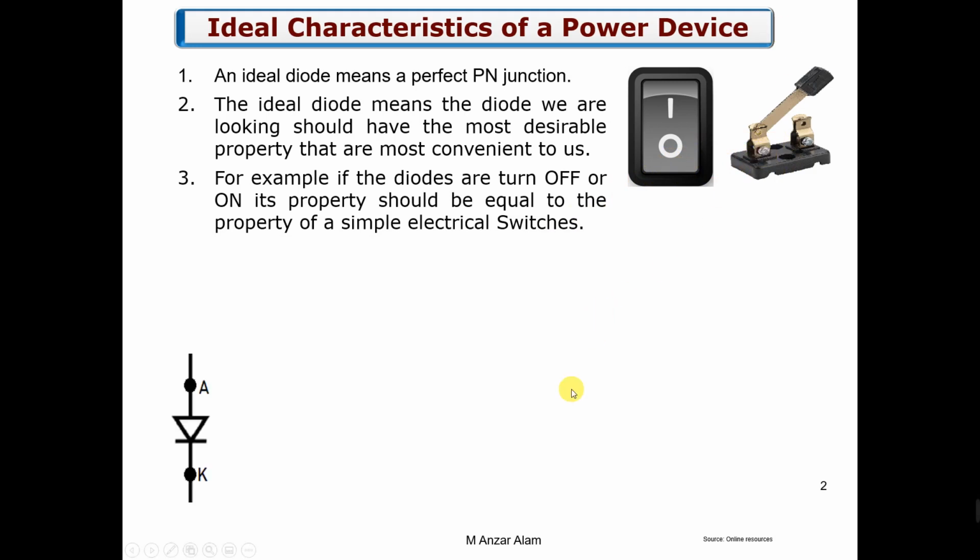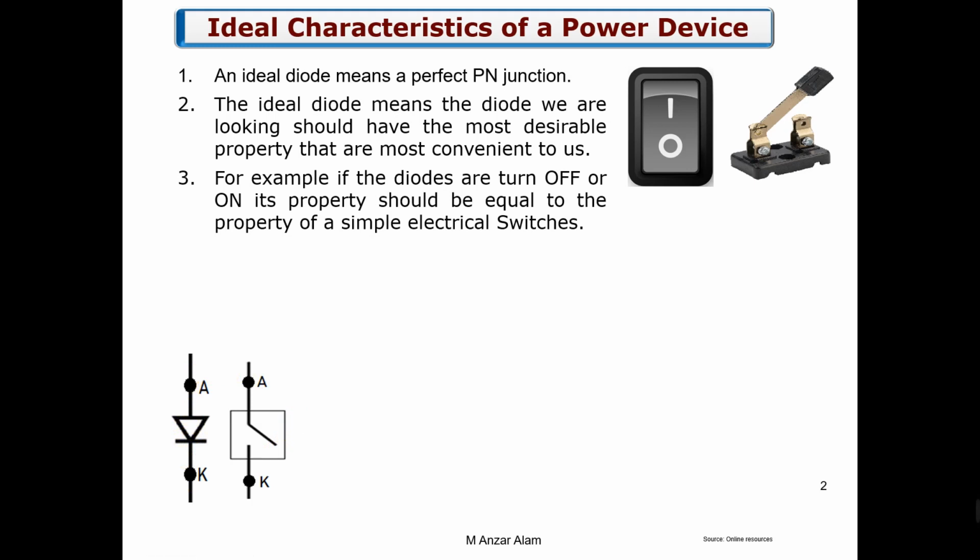Okay, so we have a diode here, the anode and cathode. In order to turn it on, we need to connect an external supply, plus supply to the anode and minus supply to the cathode. This is an example when the diode is off. There is no external power.